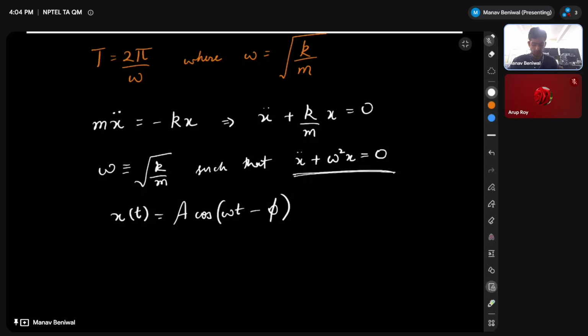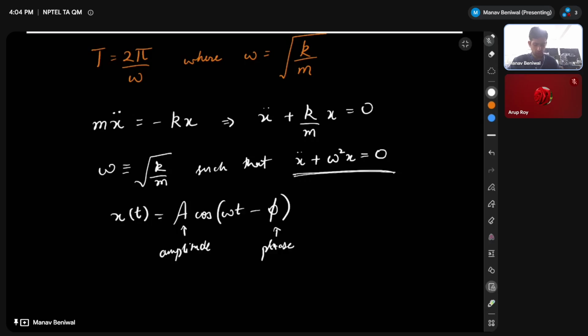Now this a is nothing but the amplitude, and this phi is nothing but the phase. Okay, so this is it.